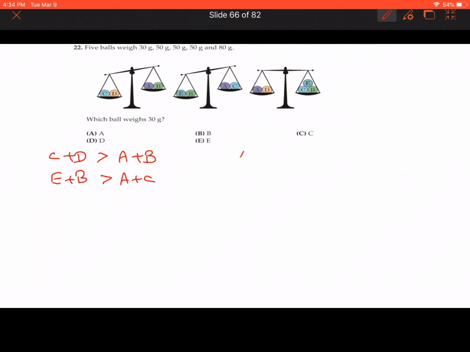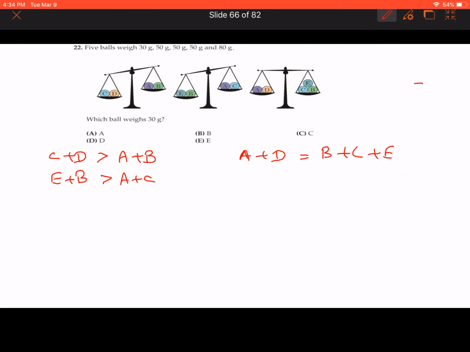The only one with a balanced pan is A plus D, which is equal to B plus C plus E. So we have to try to substitute some values and find at least one, right, from this equation, A plus D is equal to B plus C plus E, because it's a balanced pan.